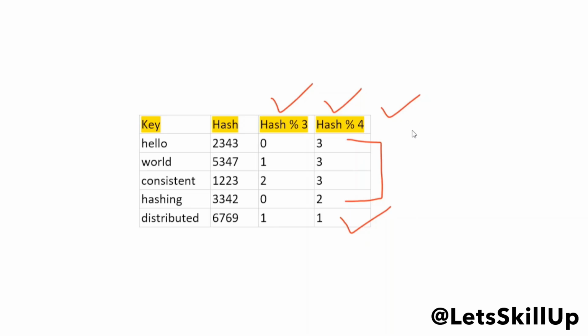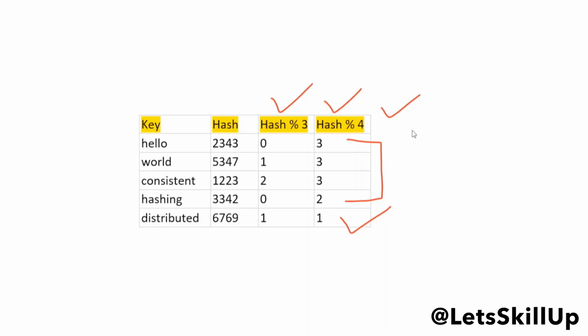So now we need a distribution scheme which does not directly depend on the number of servers, so that whenever we are adding or removing any servers, the number of keys that need to be relocated is minimized. One such scheme is consistent hashing. So now we understand the problem and what we are trying to solve.